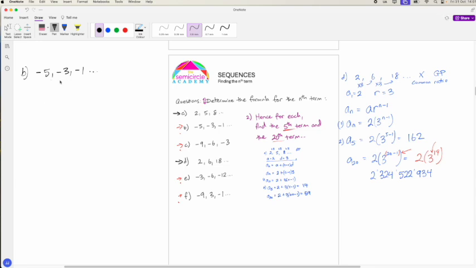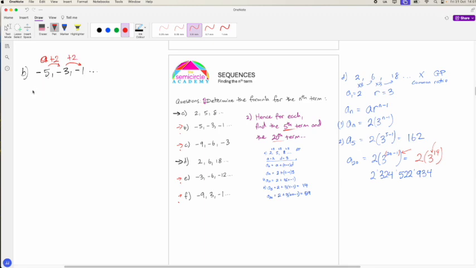Now the first thing I'm going to ask myself is, what do I need to do to negative 5? Negative 5 is A, the first term. And what do I need to do to A in order to get negative 3? Well, I'll need to add 2. And will that work? Negative 3 plus 2 gives me negative 1. Yes, it does work.